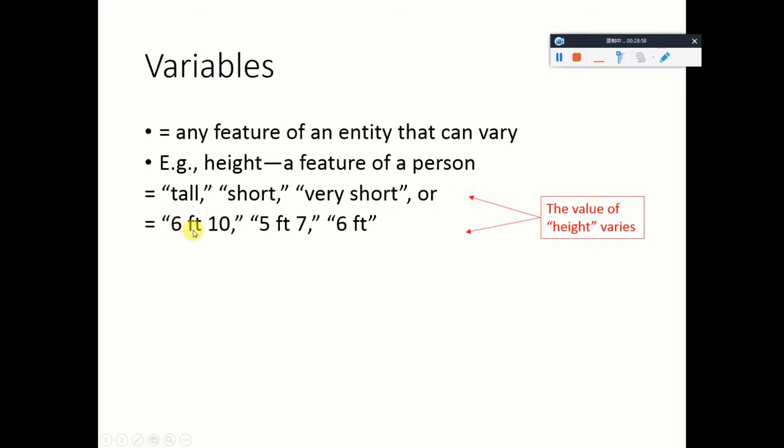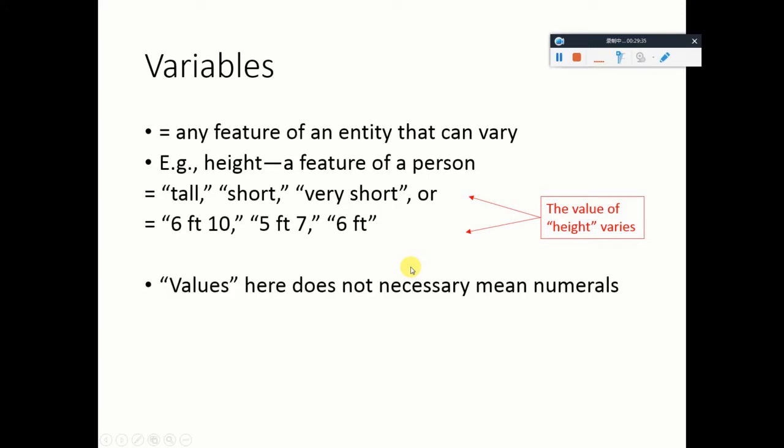So the value here does not necessarily mean a numerical value. A value can be a word, a verbal description of the feature, right? So tall is one value, 5 feet 7 is another value, very short is also a value, just the same as 6 feet is a value of height. In other words, height, this concept, is variable here, and can have a lot of possible values.